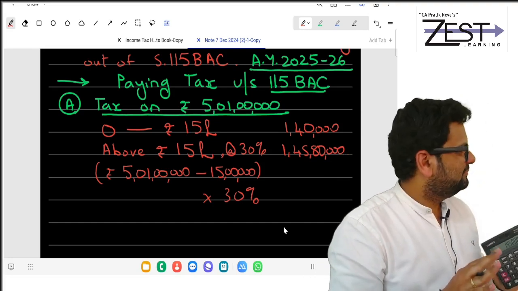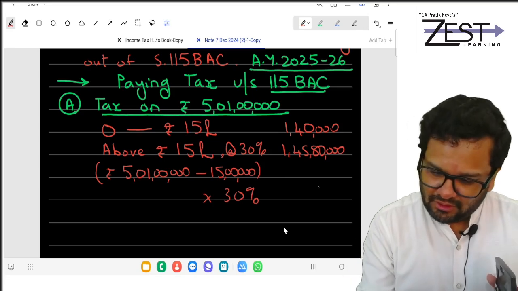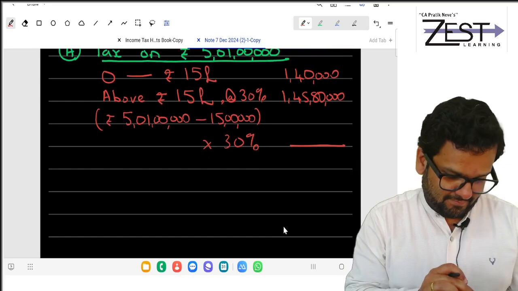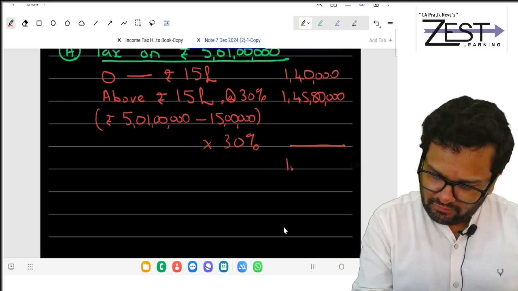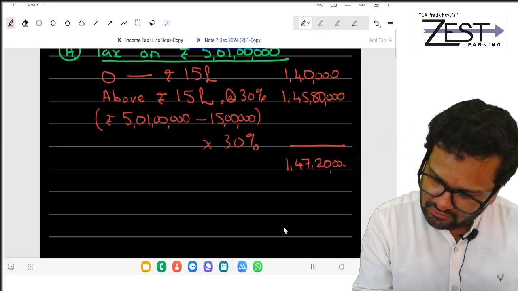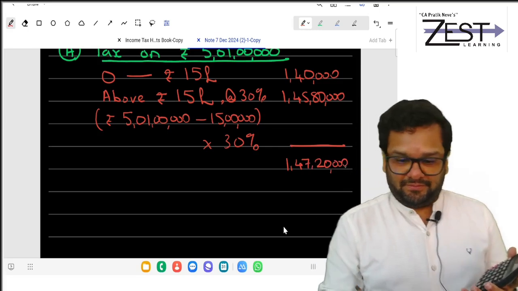Can you take total? 1 crore 47 lakh 20,000. What is this?